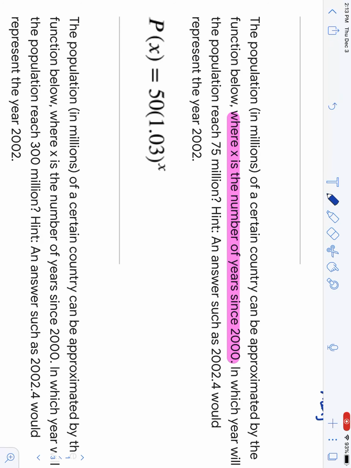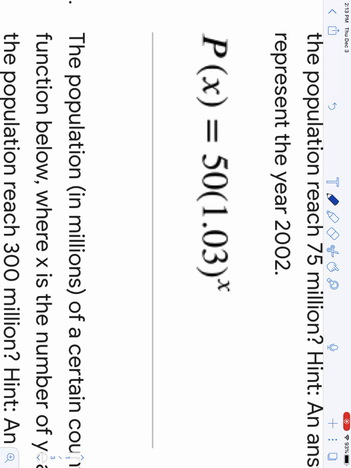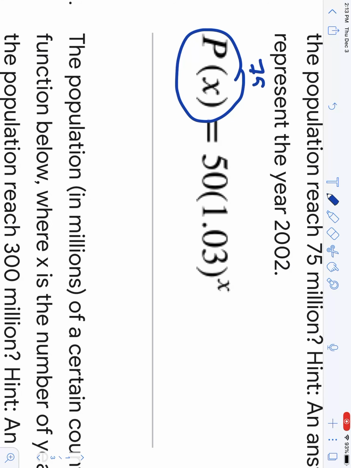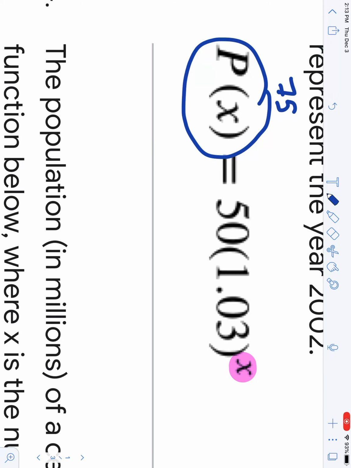So this is our original equation, and this P of x, I want to know when it's going to reach 75 million. So we are looking for x. Let's plug in what we have. We have 75 equals 50 times 1.03 to the x power.